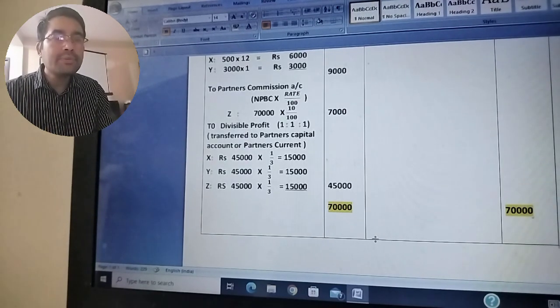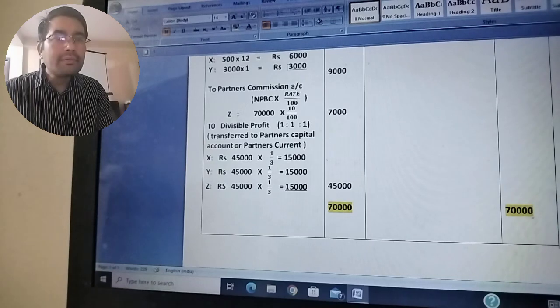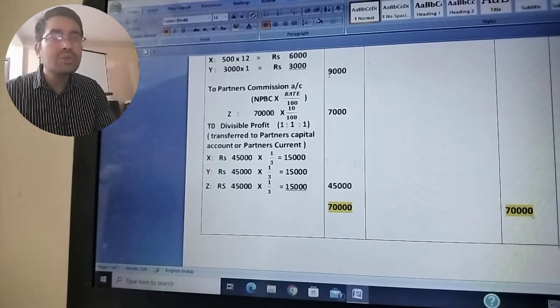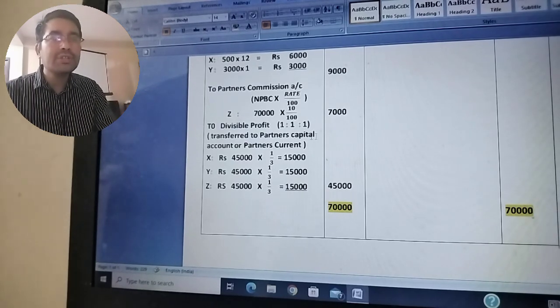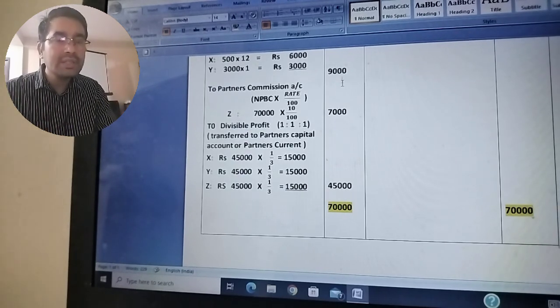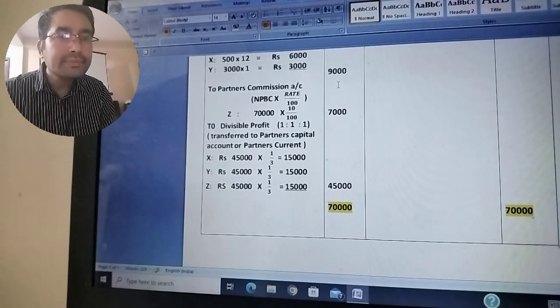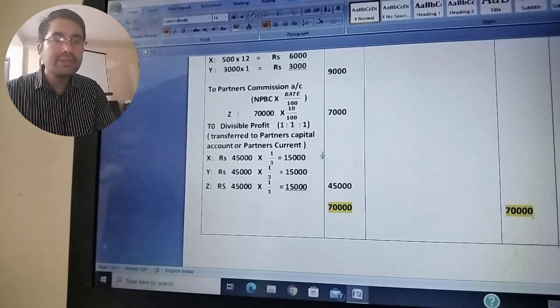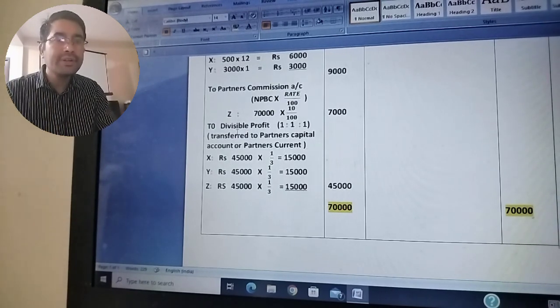From 70,000, you have to deduct all the items: interest on capital 9,000, partner's salary 9,000, and partner's commission 7,000. If you deduct 25,000, you will get 45,000 as the divisible profit, and this is transferred to partner's capital or partner's current account.